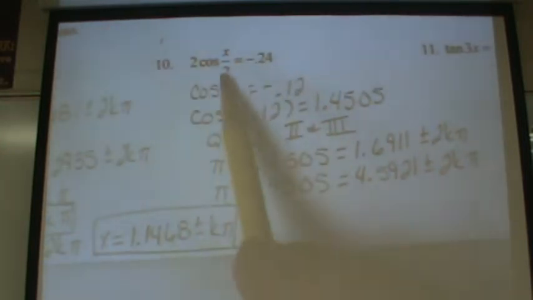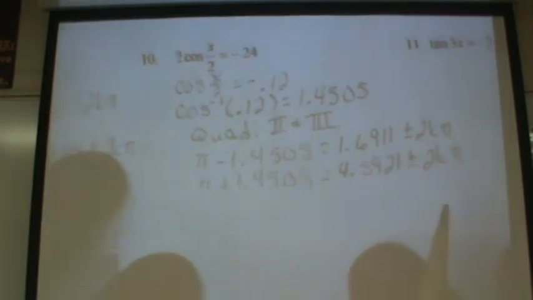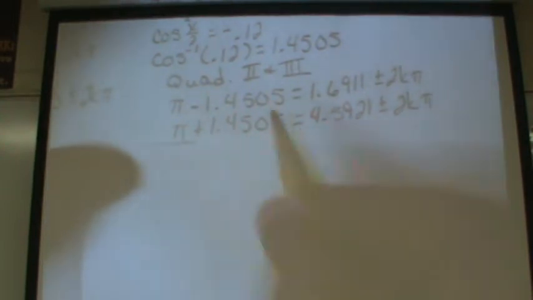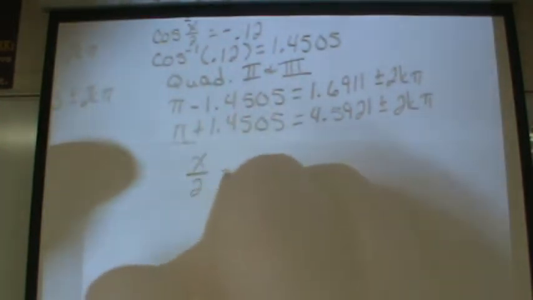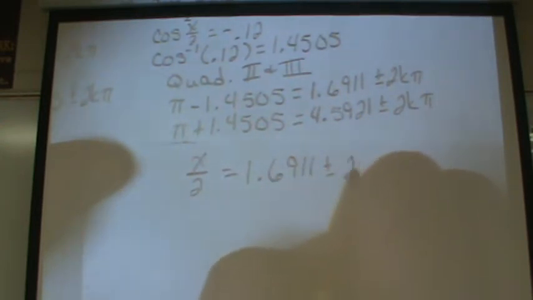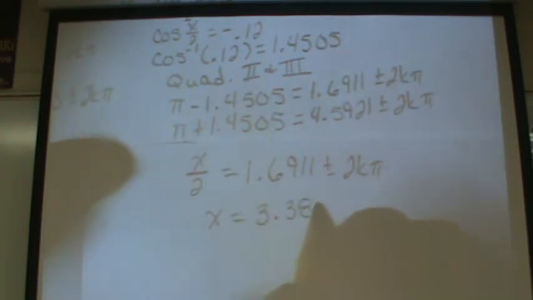So then we have to set those equal to that x over 2. So x over 2 equals 1.6911 plus or minus 2k pi. Multiplying by 2, we get x equals 3.3822 plus or minus 4k pi now.